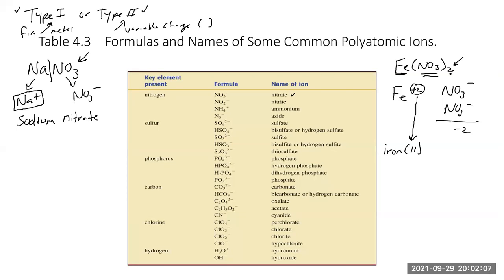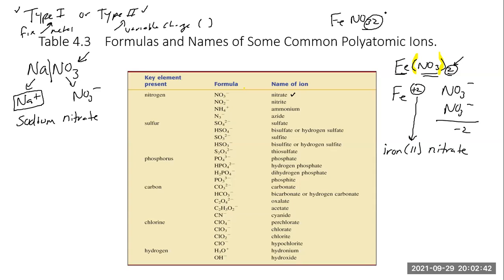And just like we did with type 1 or type 2, even though there's 2 of these guys, it has no effect on the name. We just use the whole name of the polyatomic ion, which would be nitrate. Also really important is whenever you have more than one polyatomic ion, you do need to put those parentheses around it and the number on the outside there as to how many you have, because if you write the formula like this, that would imply that you have 32 oxygens, which is really not what you have.